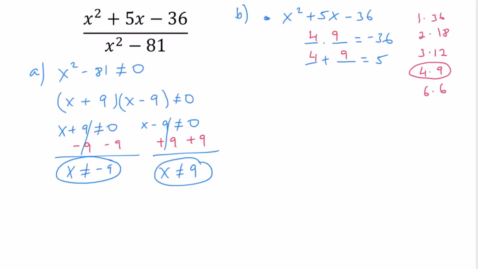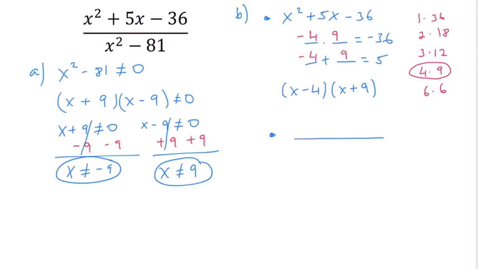We need negative 36, so one of them needs to be negative. We need positive 5, so the smaller number is negative. So we have negative 4, positive 9. So this is x minus 4, x plus 9.